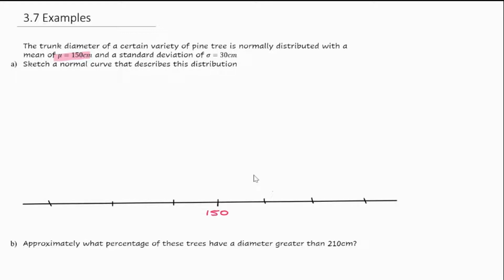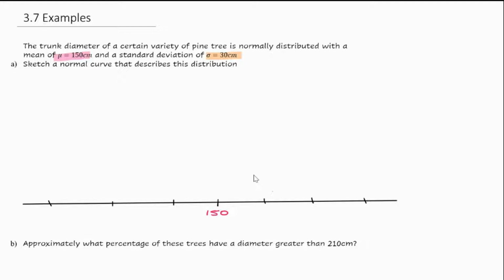And instead of the 1, 2, 3 and the minus 1, 2, 3 on either side, this should be your standard deviations. And we've got that standard deviation of the 30 centimeters. So in this case, I'm not just putting 30 here. I'm actually going to add 30 onto 150.